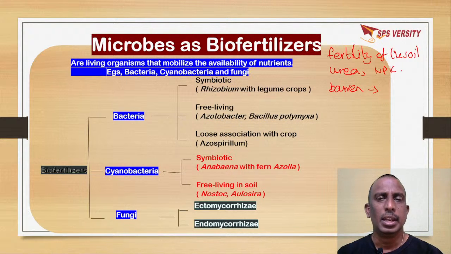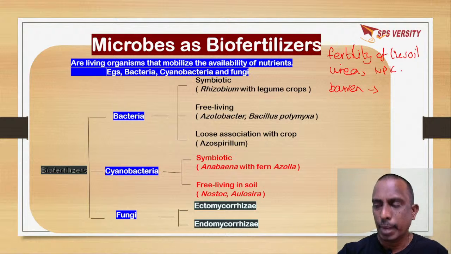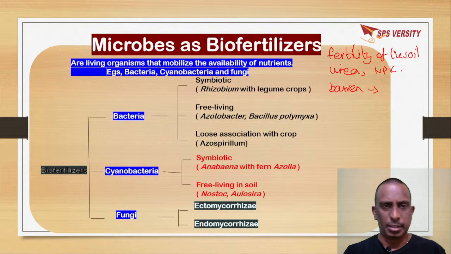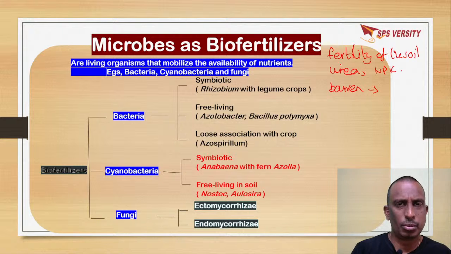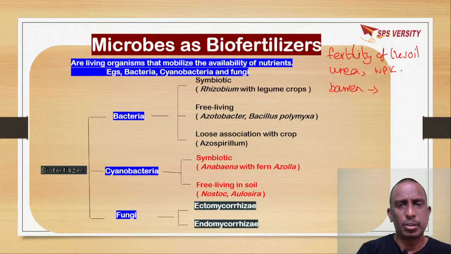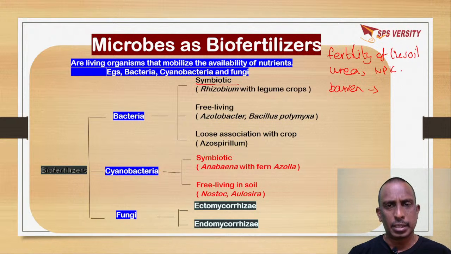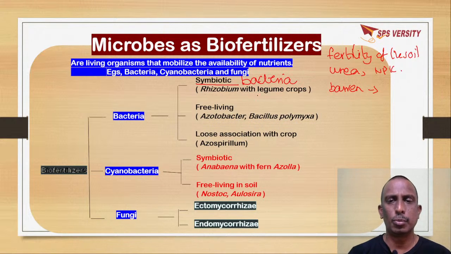Okay. That's why nowadays we are using biofertilizers. So biofertilizers means we are using microorganisms as fertilizers. For example, bacteria, cyanobacteria, fungi are used. So when you come to bacteria, the best example is symbiotic bacteria. So symbiotic means which has a mutual relationship with the legume crops.